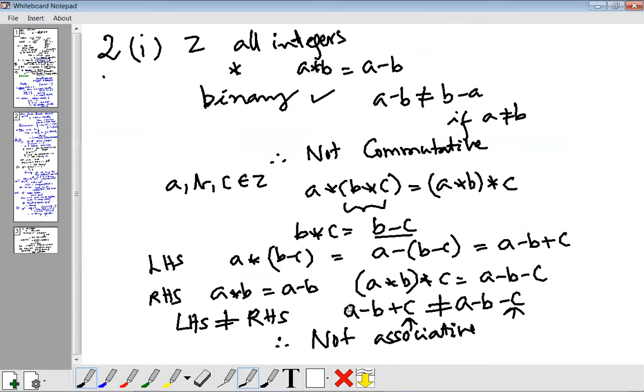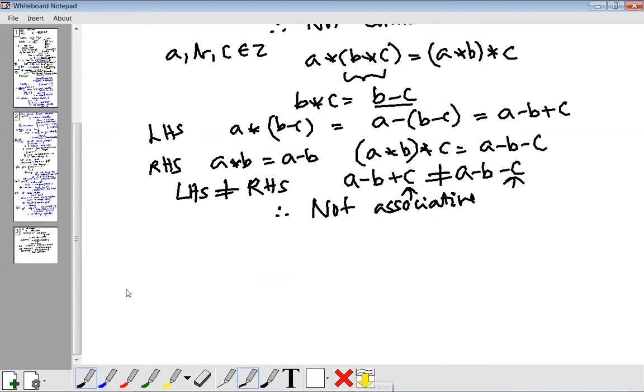Now the second part. I would like you to be interactive and tell me whether it's binary. This is on Q, the set of rational numbers.